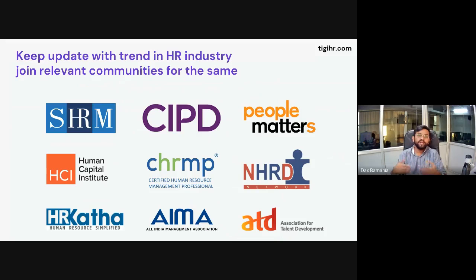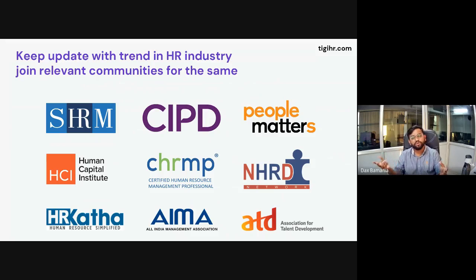To understand HR, or to get updated with the new changes happening in the HR field, or what shift is actually going on, we can connect with communities like the Society for Human Resource Management, Chartered Institute of Personnel and Development, People Management Matters, Human Capital Institute, Certified Human Resource Management Professionals, National HRD Foundation, HR Katha, and AIMA, the All India Management Association, which provides very good events related to HR and management.